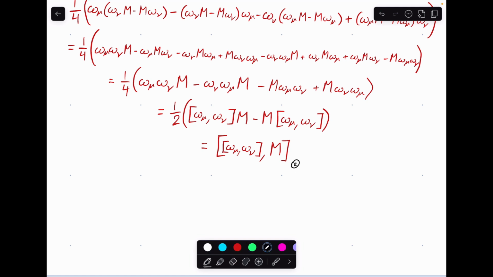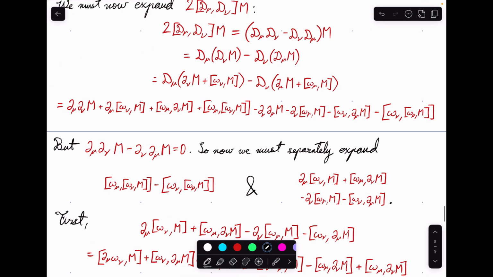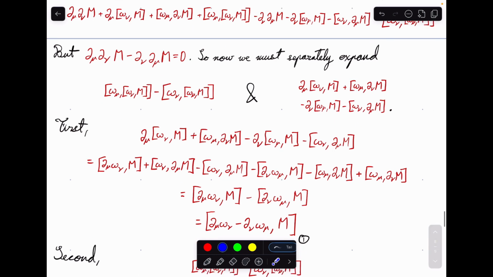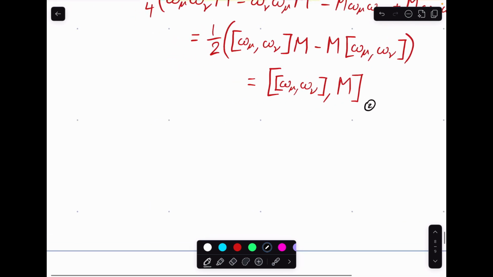This is the second thing we wanted to show. So now we can move on to our original task, which was expanding the commutator of the derivatives.